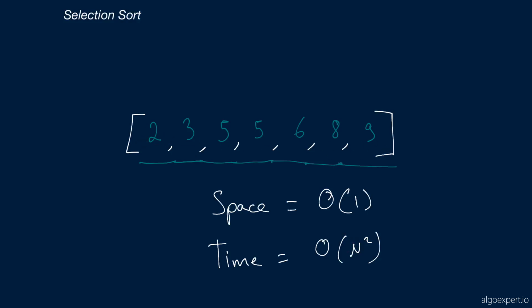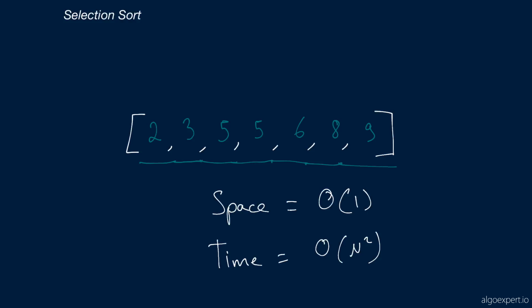Well, because you saw that we kept reiterating through that unsorted sublist, which kept having its length reduced by 1 at every iteration. That should tell you we're likely going to be using 2 for loops or a while loop and a for loop, and that all points to O of n squared.